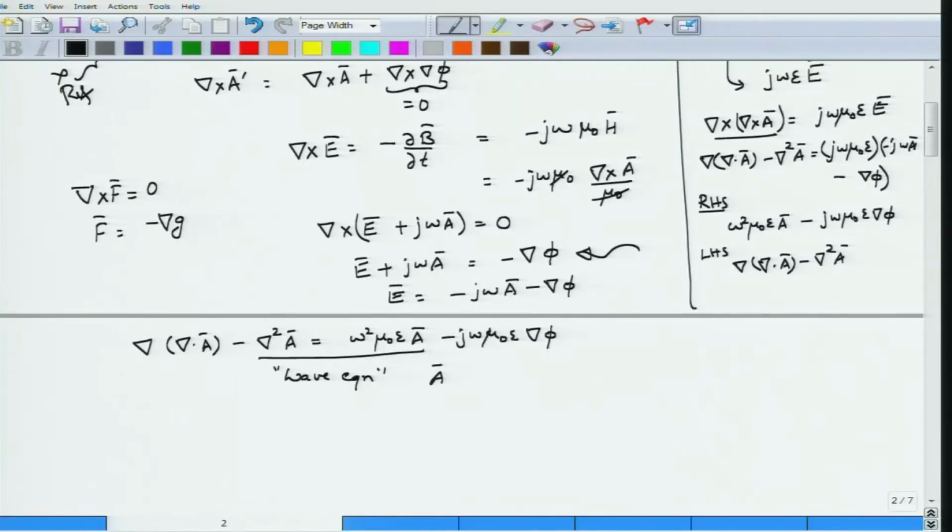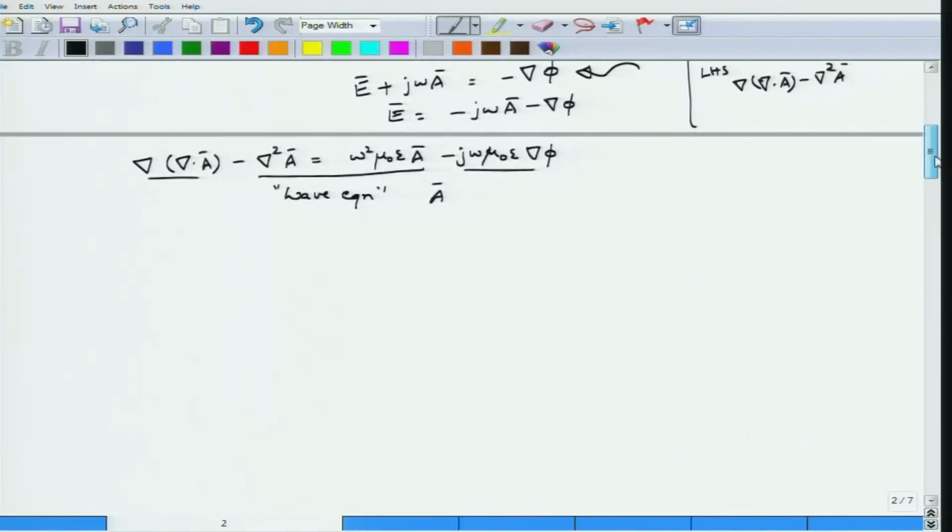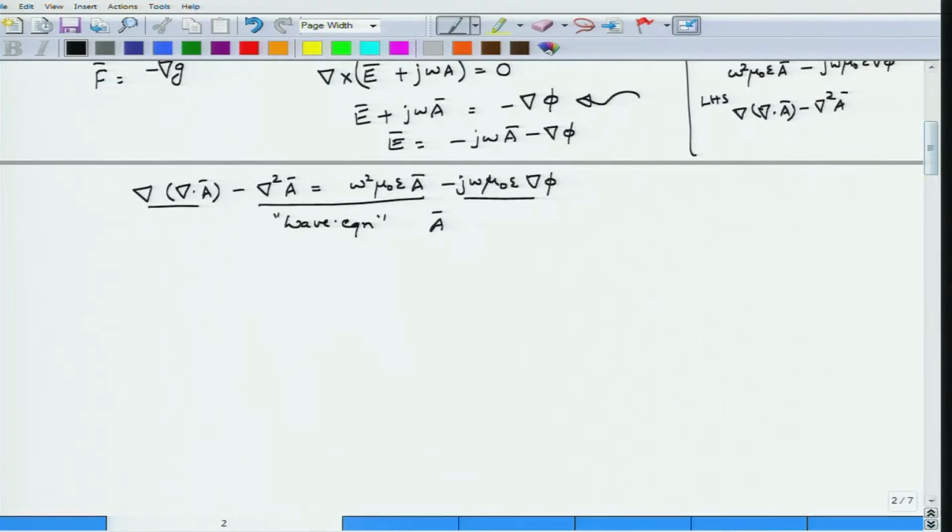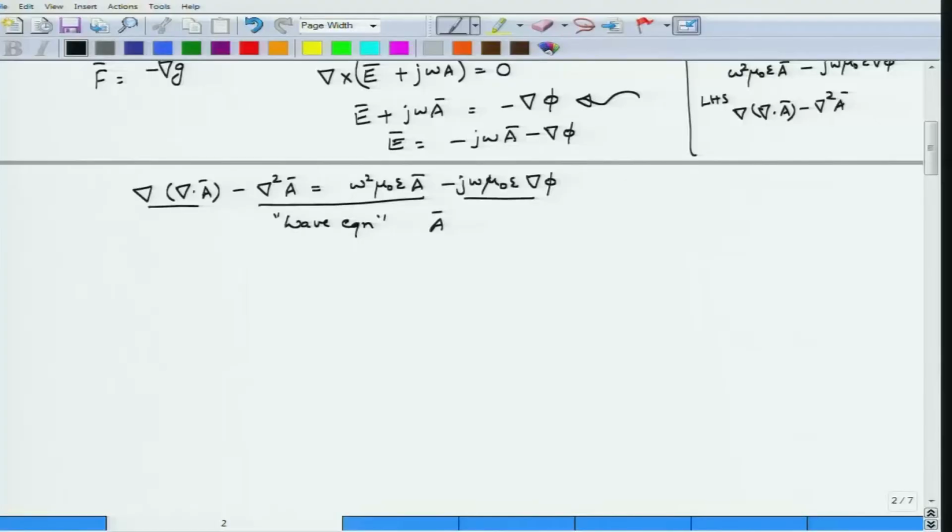So, if it is possible for me to somehow cancel these terms, then it would be nice, then I can actually have a nice wave equation whose solutions I can easily write down, because we have now enough experience in solving these type of wave equations, right. So, we have harmonic solutions and we can easily write down the solution for a given coordinate system and then do whatever analysis that we want to do. So, if it is possible for me to somehow cancel these two terms, then it would be nice for me to have a wave equation.